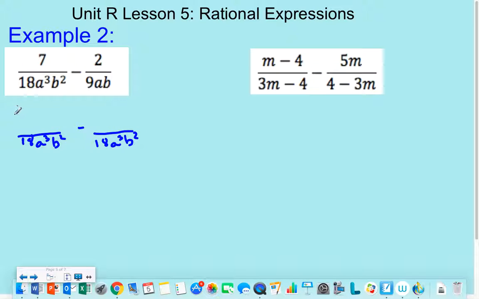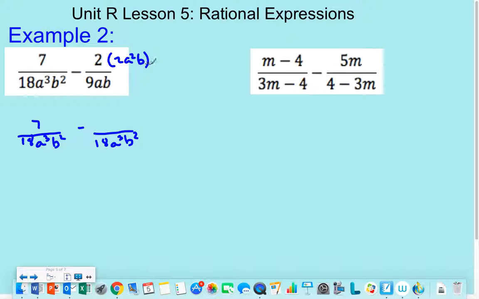But now, what did I multiply the tops by? Well, over here, I didn't have to multiply it by anything, so it's just 7. Over here, I had to multiply the top by 2, because I multiplied 9 by 2 to get 18. I also had to multiply a by a squared to get a cubed. Now I had to multiply b by b to get b squared.